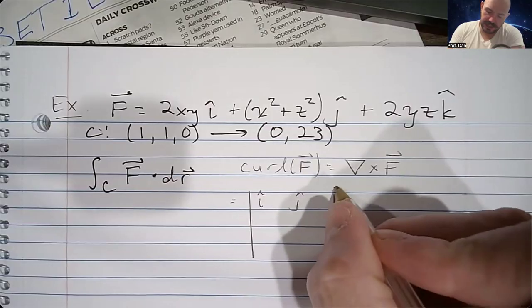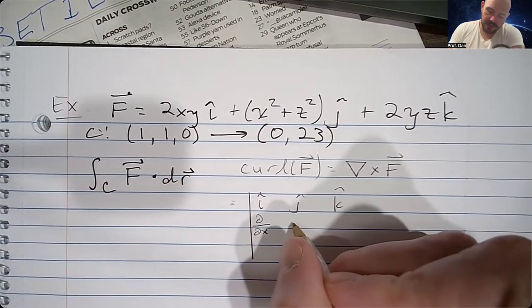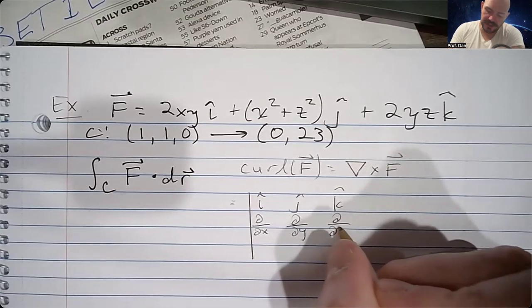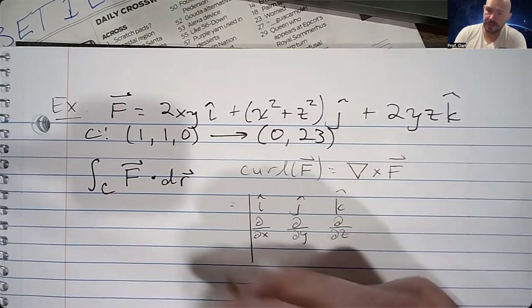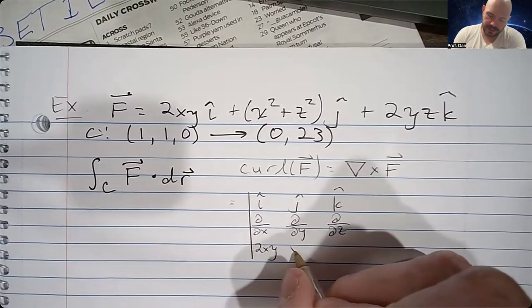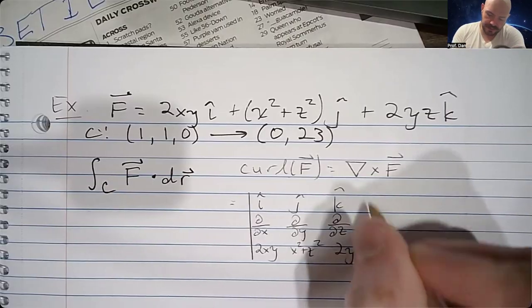So we have i, j, k. Second row, we have our differential operators, partial with respect to x, partial with respect to y, and partial with respect to z. Then in our third row, we have the components of the vector field F: 2xy, x squared plus z squared, and 2yz.